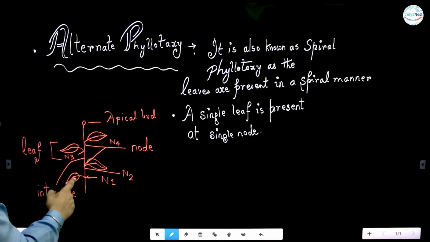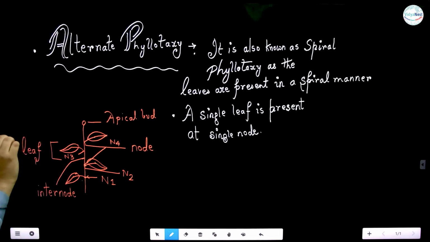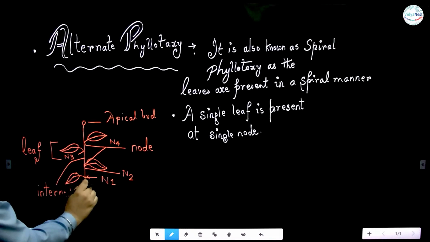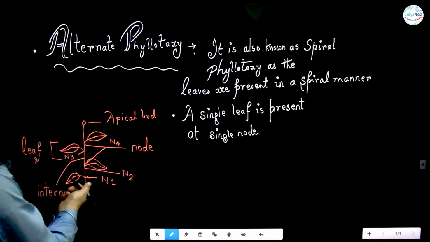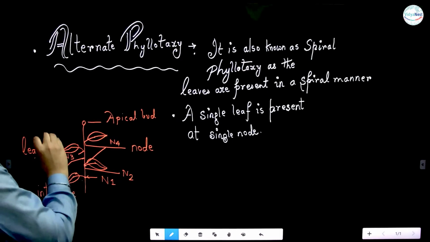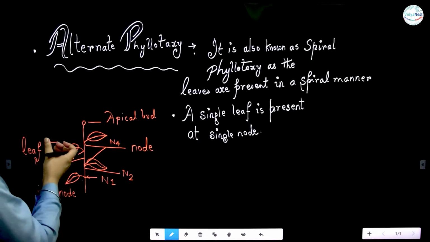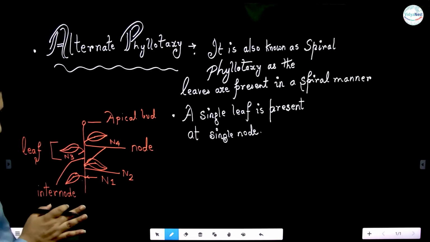Because you can easily understand by looking at the diagram that each and every node is characterized by the presence of a single leaf, which is attached to the node with the help of the leaf base. The leaf base is attached to the node, and a single node has a single leaf, right?